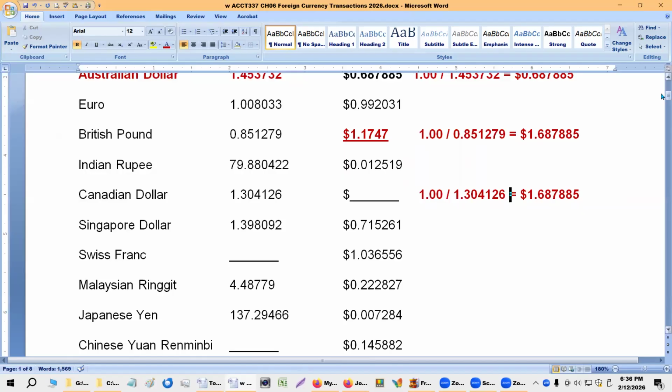So what would be in US? I'll bring it out to 4. Yeah, 4 is good enough for what we're doing. If you're dealing in billions of dollars, you're going to keep all of them.